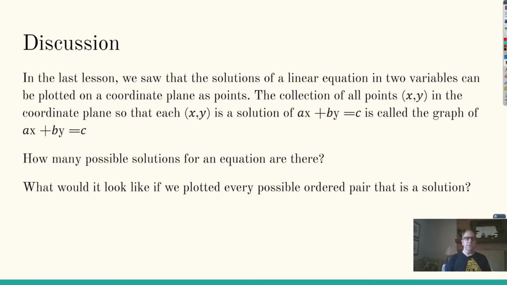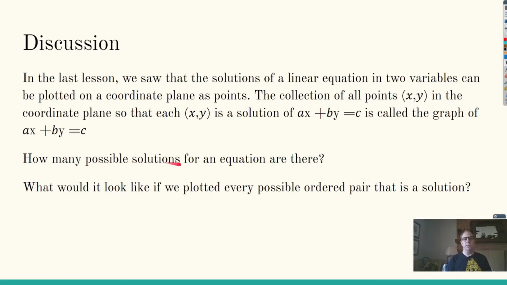So let's discuss. In the last lesson, we saw the solution of a linear equation in two variables can be plotted on a coordinate plane as points. The collection of all points x and y in a coordinate plane such that each xy ordered pair is a solution is called a graph of ax plus by equals c, or a graph of our linear equation.